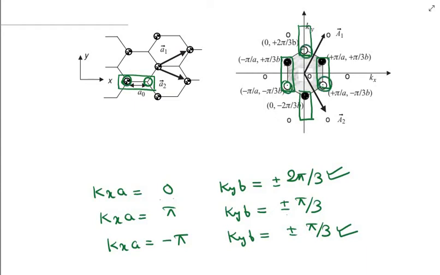I will not go into too much detail regarding this, but I hope I have given you a sense of how things are. So this will basically mean that there are 2 inequivalent K points, or 2 valleys, over which the band gap reduces to 0.